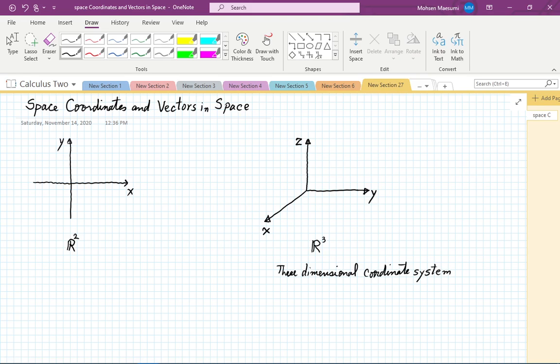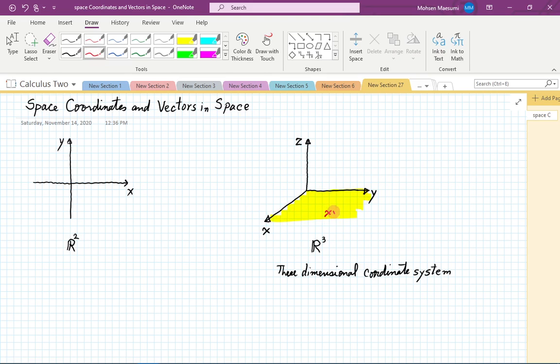Okay, best way to visualize this coordinate system is to think about the corner of your room or something. So you see here we have three coordinate planes. Let's color them so that we see what we are referring to. So this one is referred to as the XY coordinate plane.